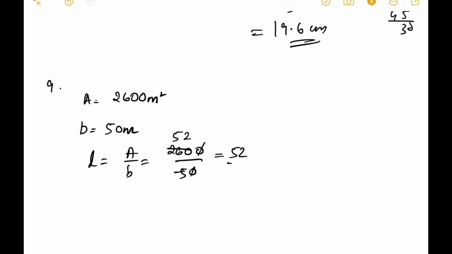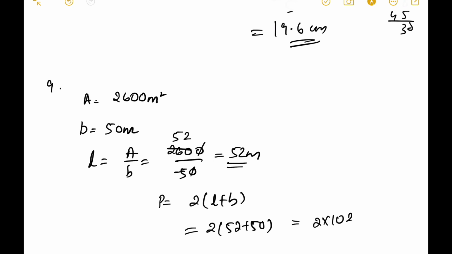So our answer will be 52 meters. So what do you have to find out here? Length and breadth we have. You need to find the perimeter. Perimeter is equal to 2 times L plus B, that is equal to 2 times 52 plus 50 equal to 2 times 102. 204 meter.